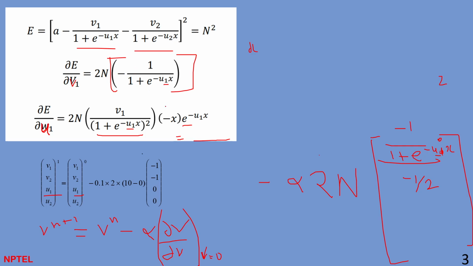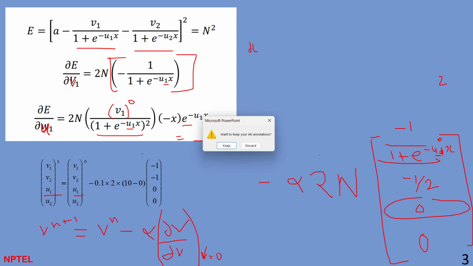So what you will get, so this is v1 is 0, right? v1 we are taking 0th. So I'm filling up this part. Okay, this is v1 is 0, you already know it. You multiply it with all terms, it will be 0 here, again 0 here. This is what you will get.